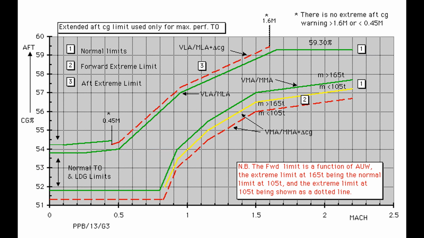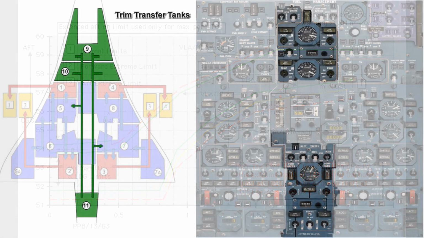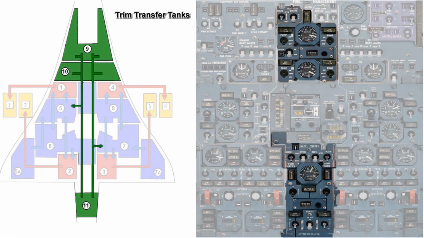But on Concorde, the center of gravity has to move so much that you have to actually move fuel around in order to move it backwards and forwards throughout the flight envelope. So that's accomplished with these trim transfer tanks, where fuel is transferred backwards to tank 11 on the climb and forwards on the descent. And we'll talk a lot more about that throughout the course of this video.